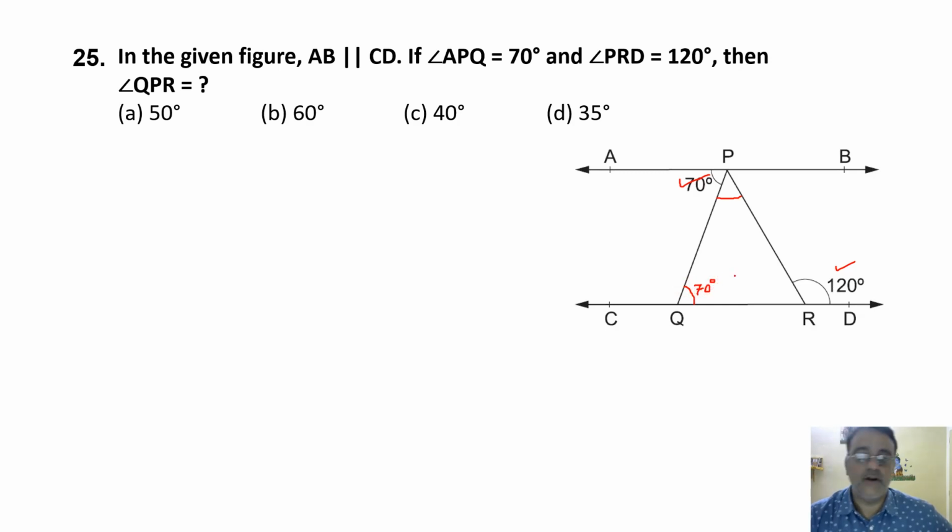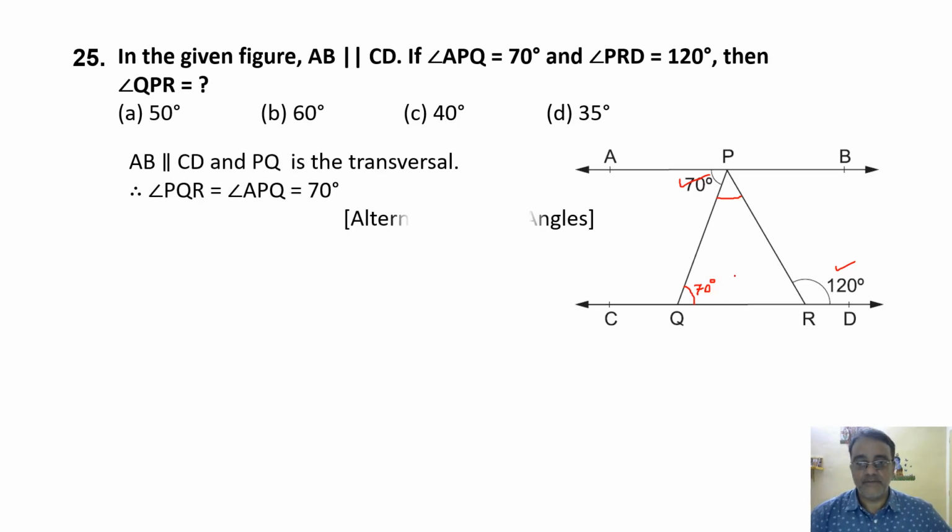Alternate interior angles. Right, very good. Now, this angle is the sum of these two angles. By which property? 120 degree is the sum of these two angles. Exterior angle property of a triangle. Right? And exterior angle is equal to the sum of interior opposite angles.